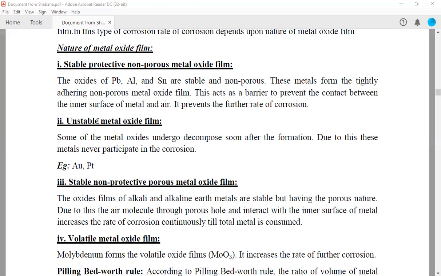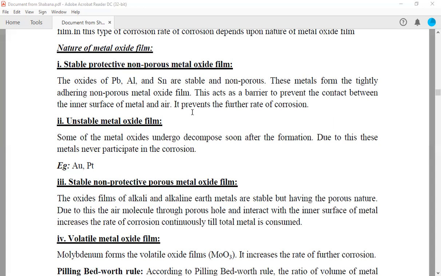Coming to the first type, the stable, protective, non-porous metal oxide film. Non-porous means it does not allow liquid or air to pass through it. In that way, it does not allow any gases to pass through this film onto the metal surface, and it acts as a barrier to prevent contact between the inner surface of the metal and the air.